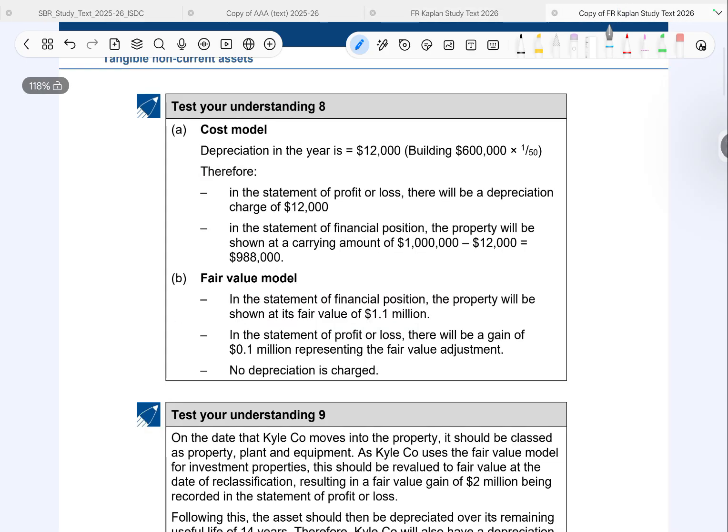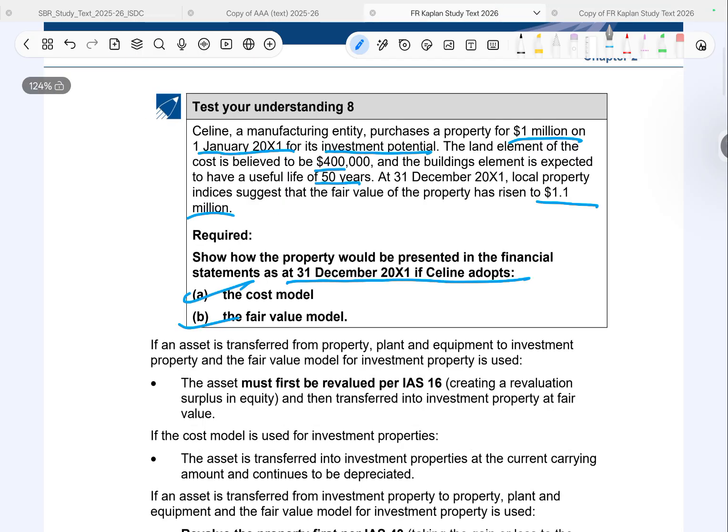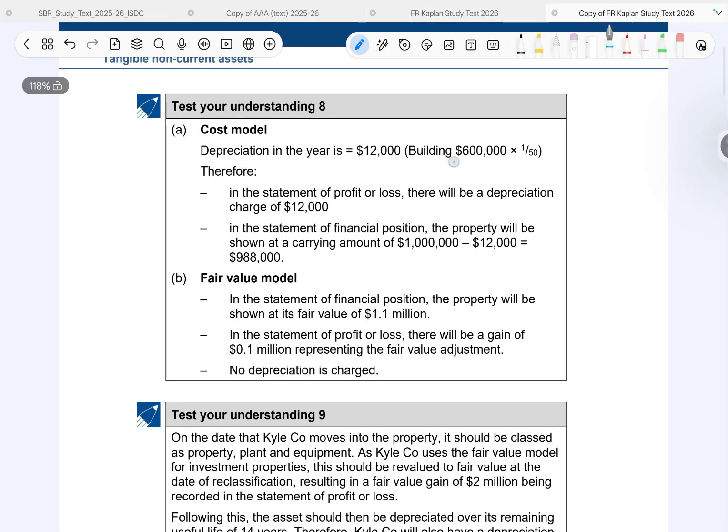So under the cost model, it's very easy. Let's say it's 1 million, so let's say 400,000 is for our land part and 600,000 is for our building. Of course, it's common knowledge that land cannot be depreciated. So we are just going to depreciate our building, which is 600,000 over 50 years.